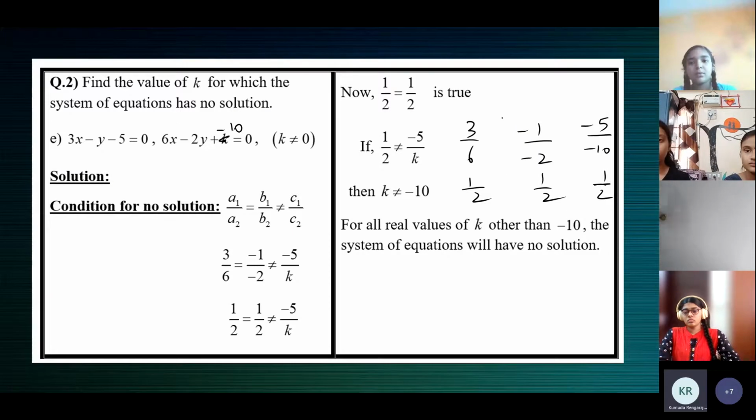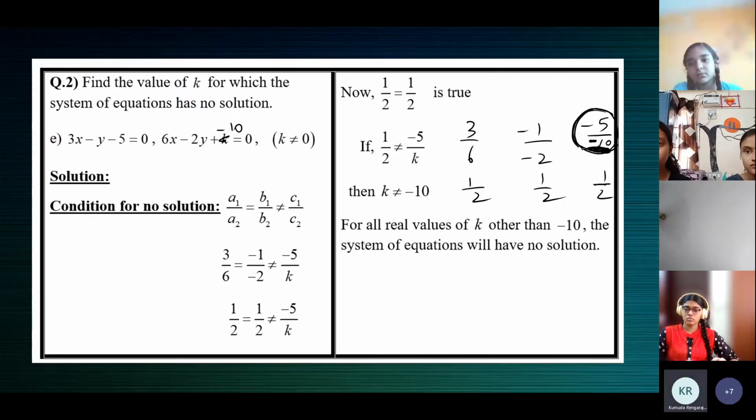Now supposing k is not minus 10, just imagine a value for k other than minus 10. When will this be 1 by 2? Only when k is minus 10.